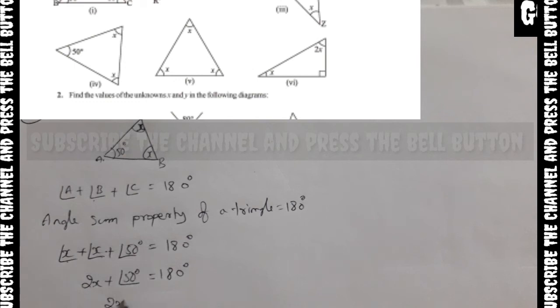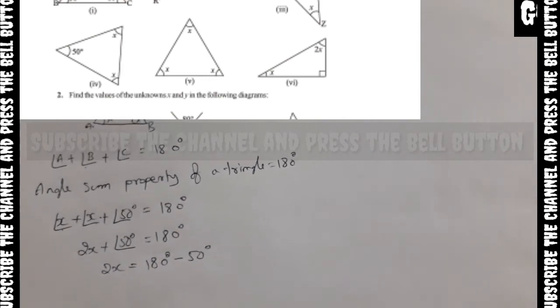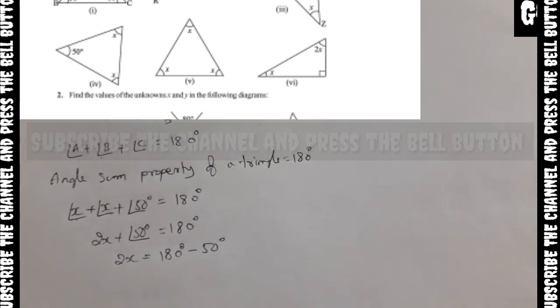That means 2x is equal to 180 degrees minus 50 degrees, which is 130 degrees. Since 2 is multiplying, it goes to the other side as division. 2 ones are 2, 2 sixes are 12, 1 10. That means 65 degrees. x is equal to 65 degrees.